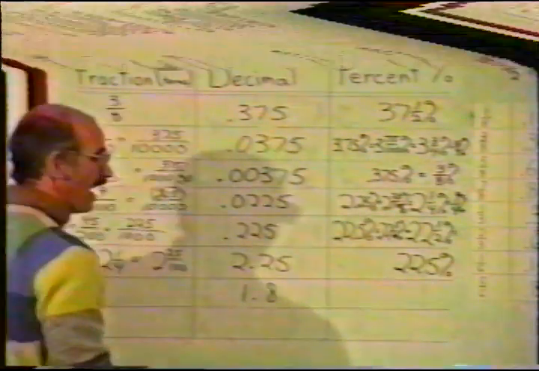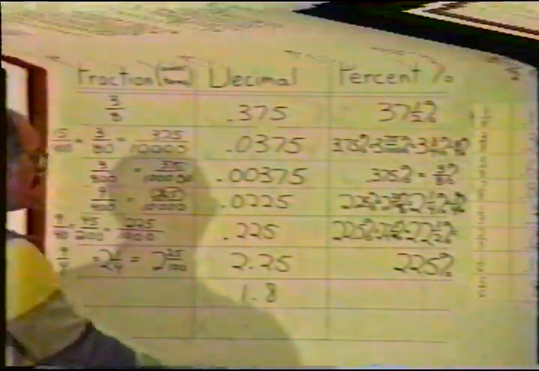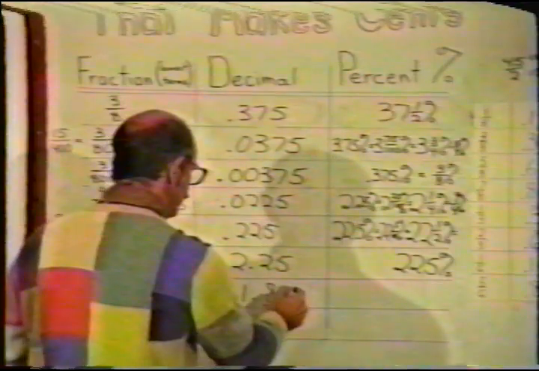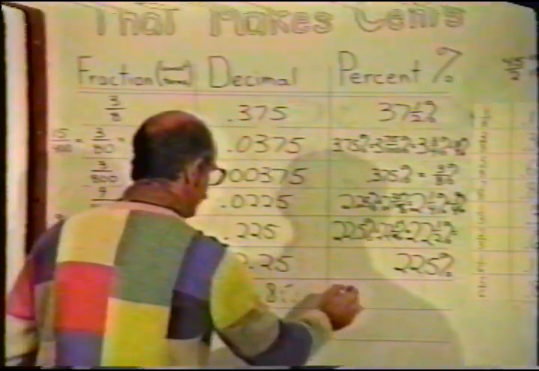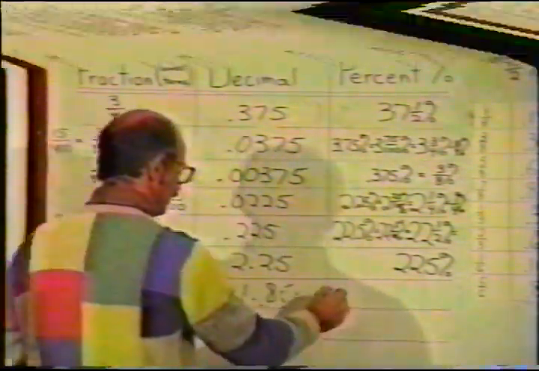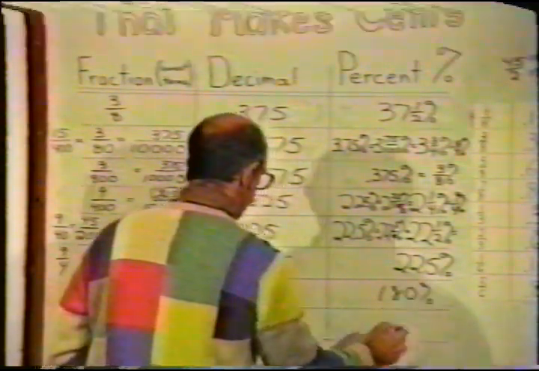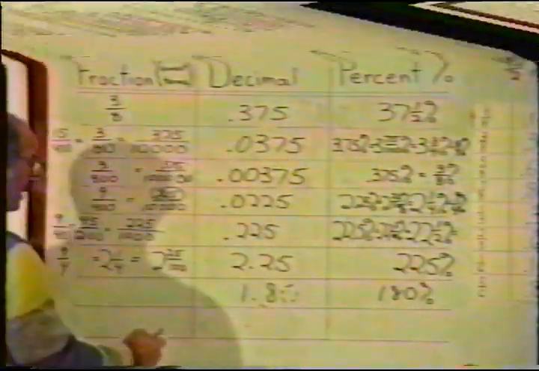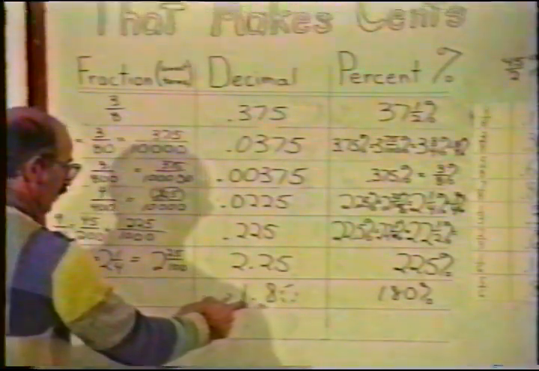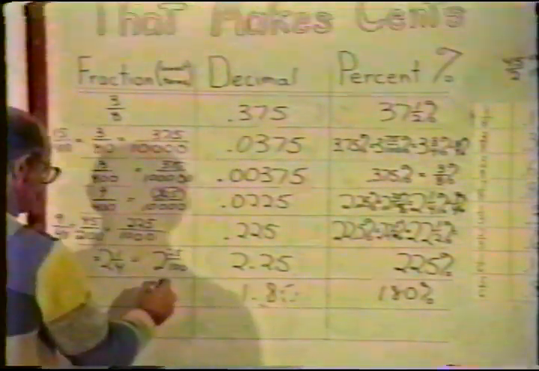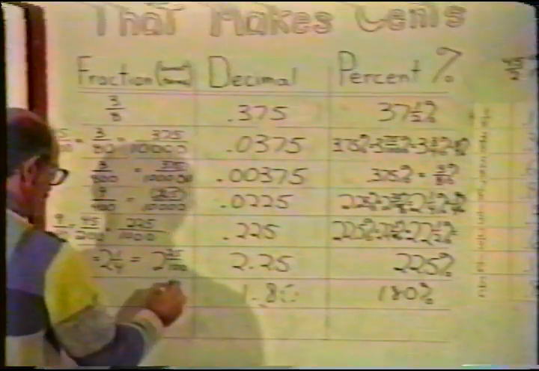1.8. How much percent is that? We have to go 2 places to the right, and we get how much percent? 180%. Read me this number, 1.8. 1 and 8/10.